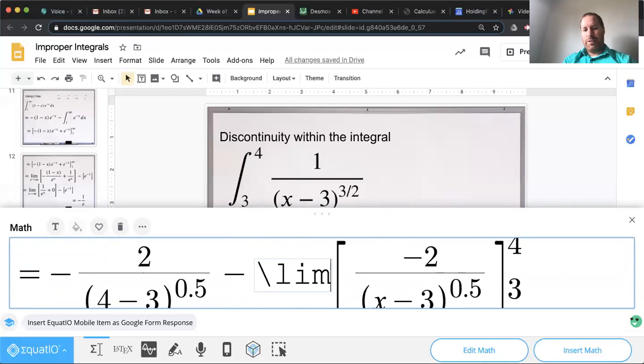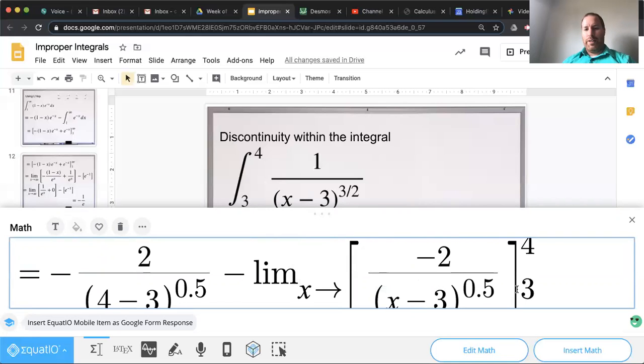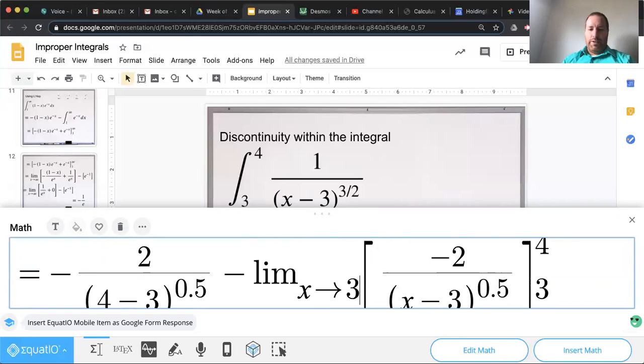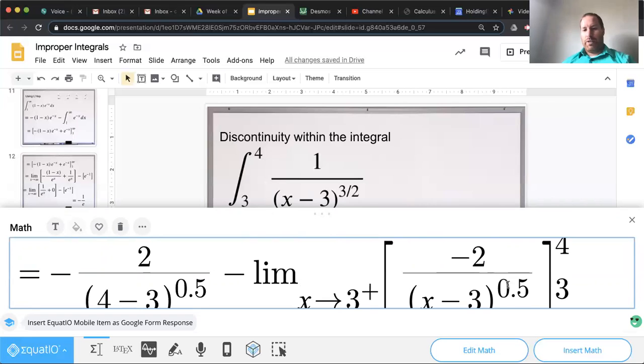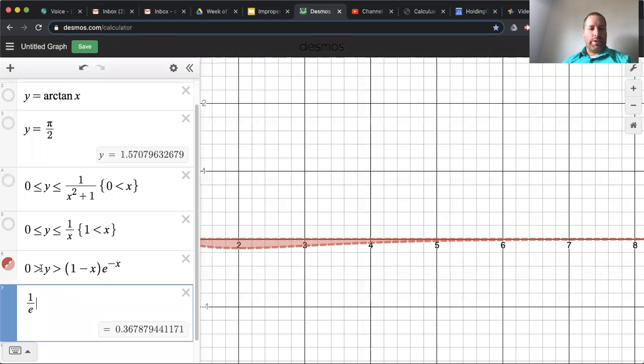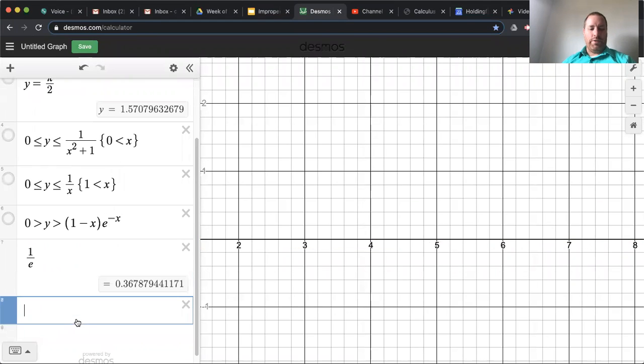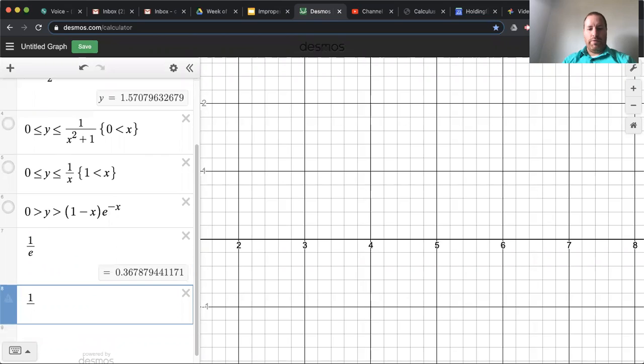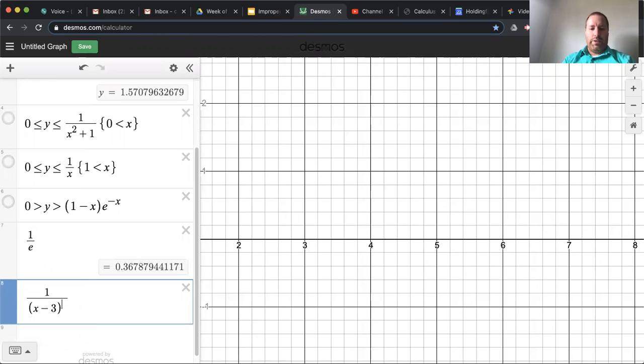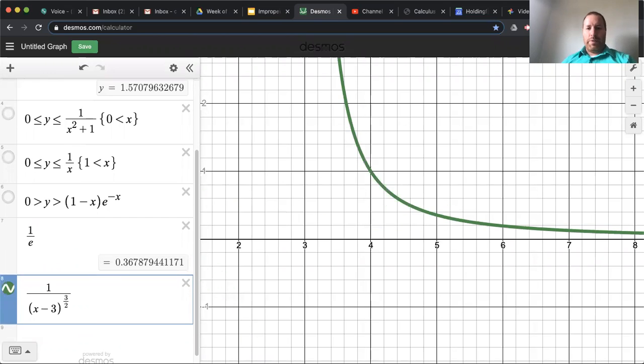And now we have to be a little bit careful at this point because we're approaching 3, but from the right. So again, going back to our idea of limits here, we got to approach from the right. And what I mean by that, if we look at what that graph looks like, we're going from 1 over x minus 3 to the 3/2 power.